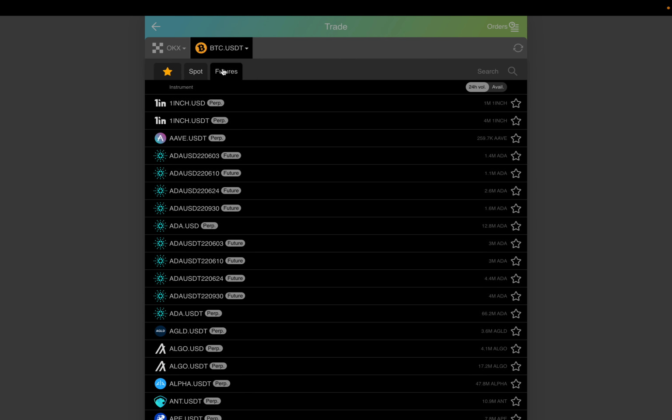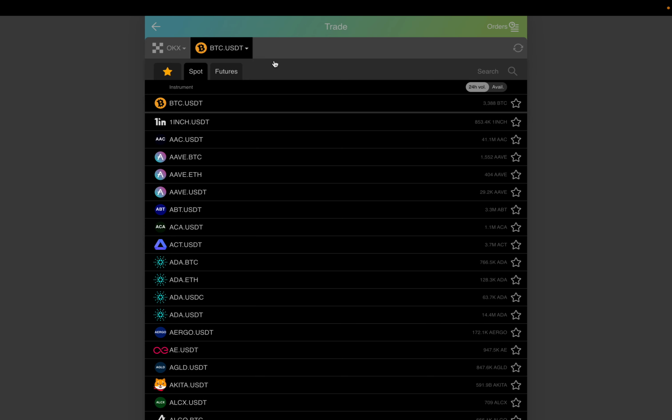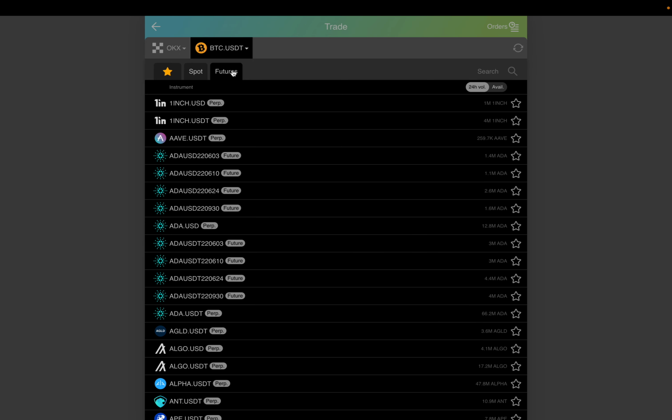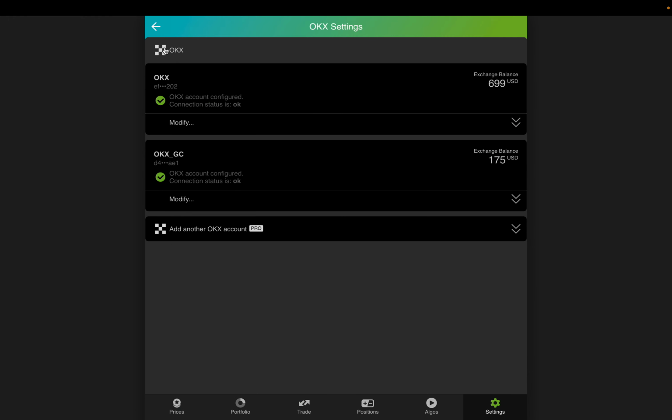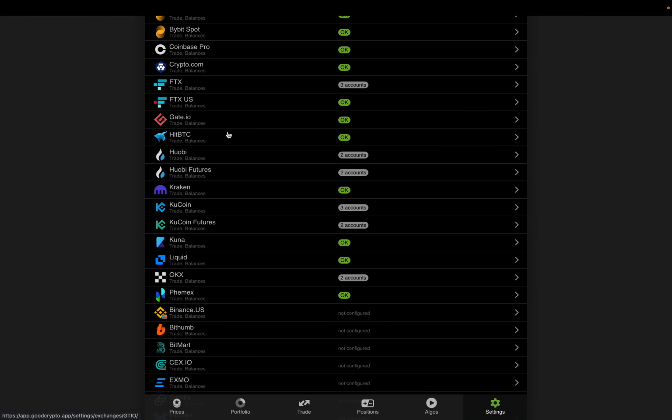One thing to notice is that as OKX Futures is quite an interestingly done exchange, to fit our current architecture we only support cross positions. We do not import the existing isolated positions on OKX, so you can only trade in cross margin mode with us. Hope that's not too much of a drag. Let me go back. What else do we have here?